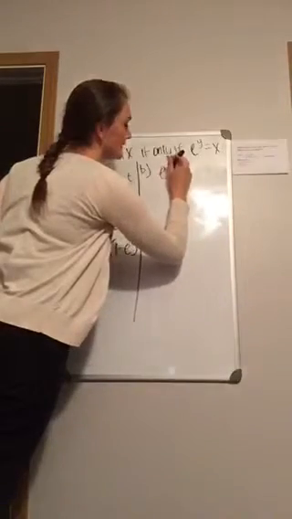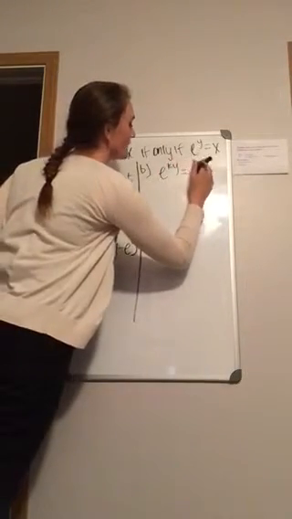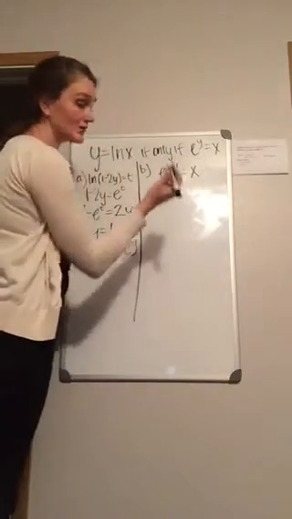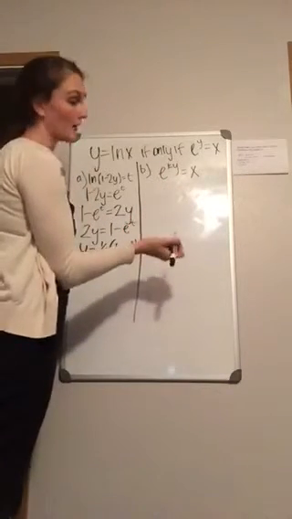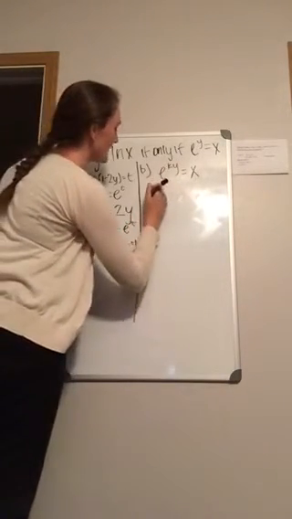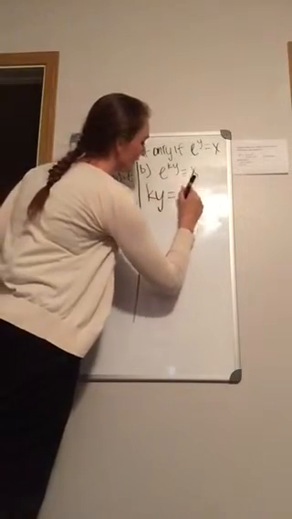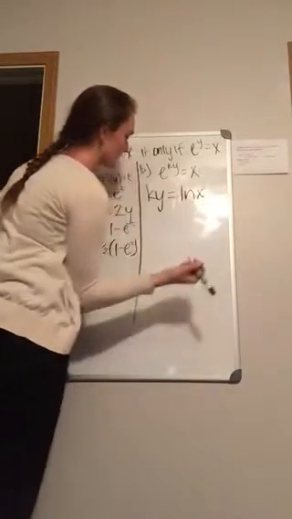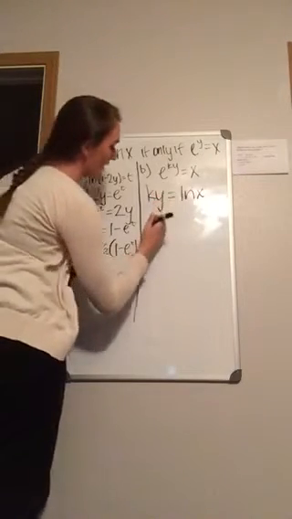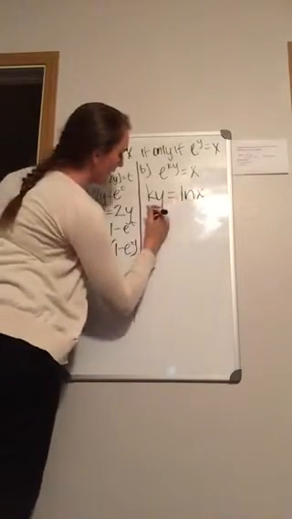For the second part, b, we have e to the ky power equals x. So we want to change this into logarithmic form. So we get ky equals ln of x. We want to isolate the y, so we divide both sides by k.